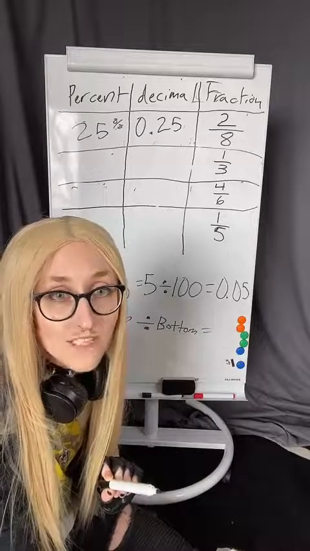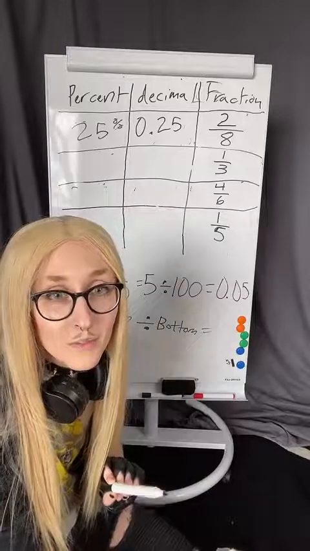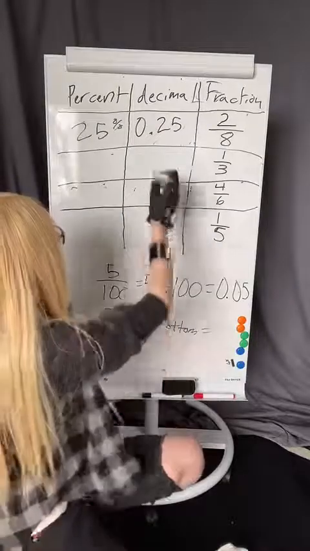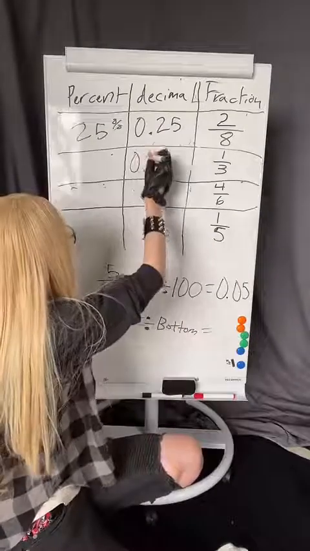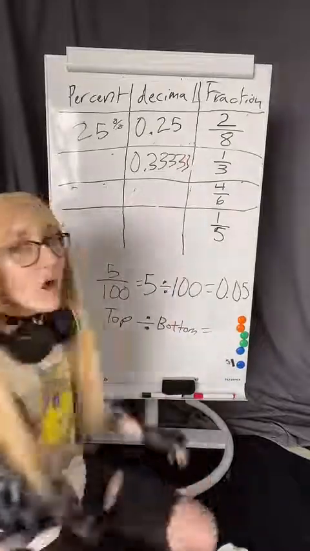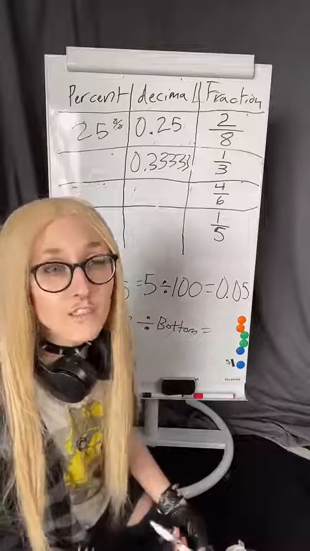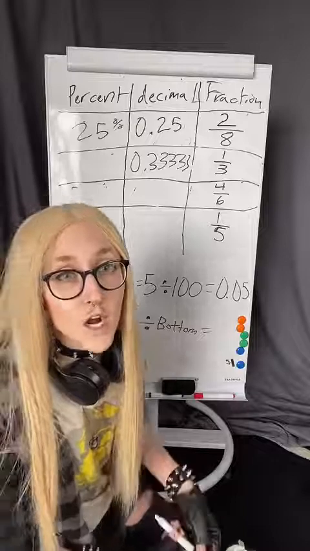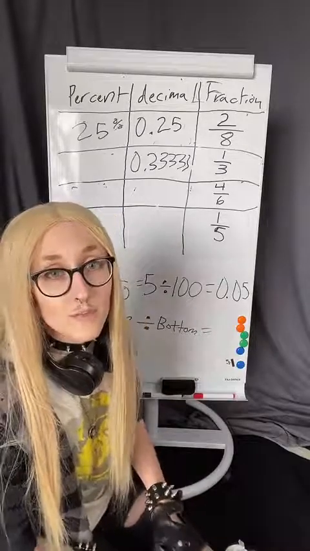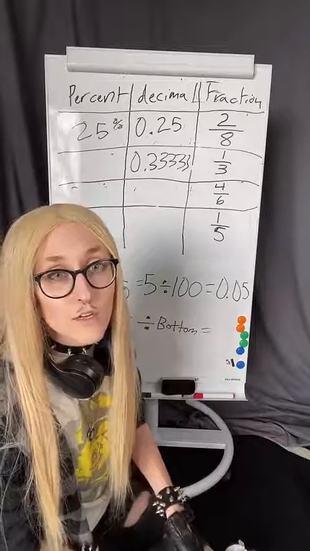Repeating. Yep, so if you typed it in, you probably got 0.33333, and then you were like, oh, it goes on forever. That was what I'm guessing your internal monologue was.